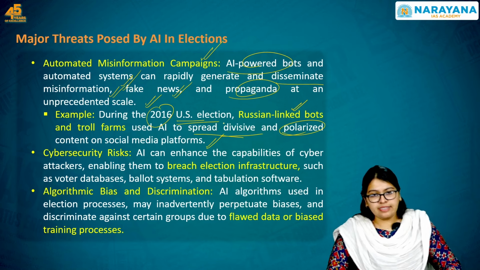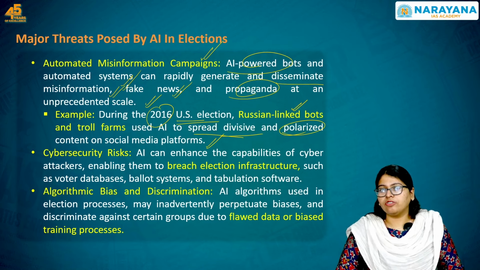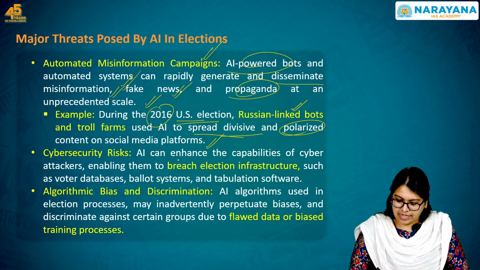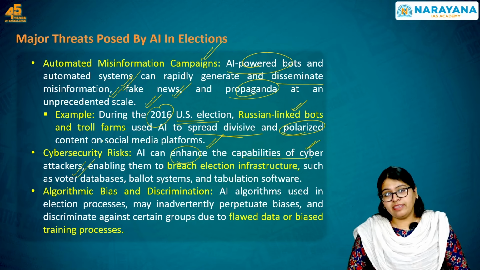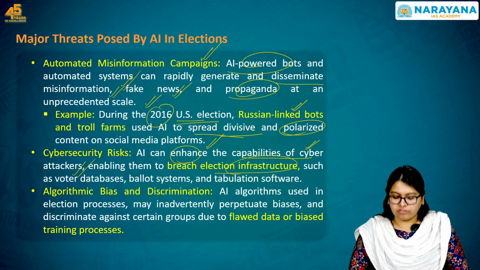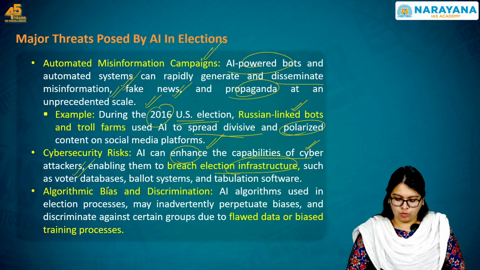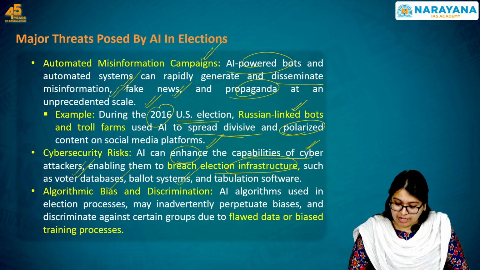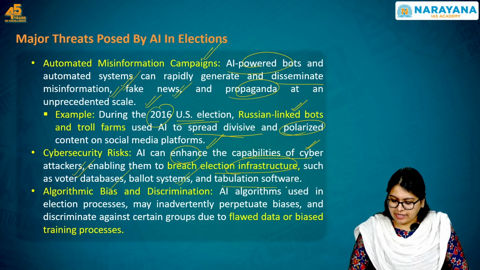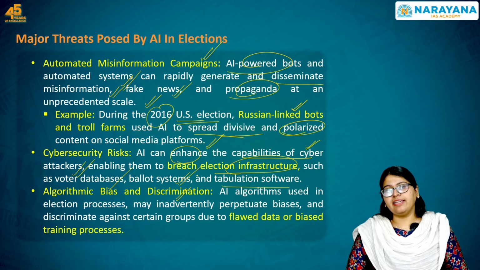And the next one is that it causes a lot of cybersecurity risk. That is, AI can enhance the capabilities of cyber attackers, enabling them to breach election infrastructure such as the databases of voters, the ballot systems that have been registered so far, as well as the tabulation software. The next one is algorithmic bias as well as discrimination.